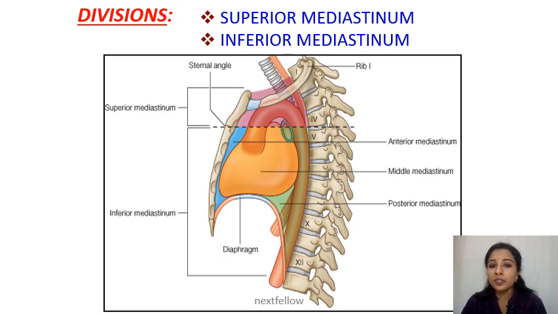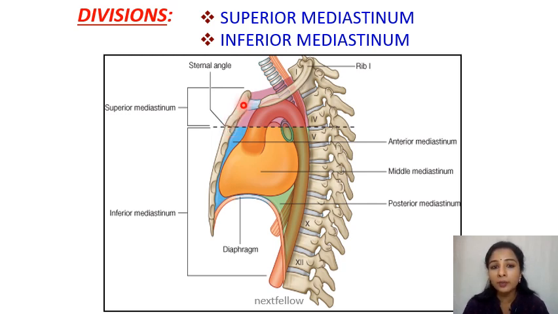Next, moving on to the subdivisions, grossly we can divide the mediastinum into superior and inferior mediastinum by drawing an imaginary line between the upper two parts of the sternum. This is the manubrium and this is the body of the sternum. The manubrium is not straight with the body, instead it is inclined, making an angle of around 163 degrees internally, which is called the sternal angle, present at the level of the second costal cartilage.